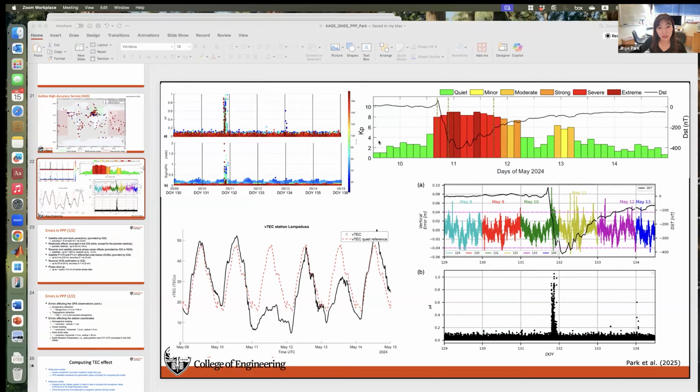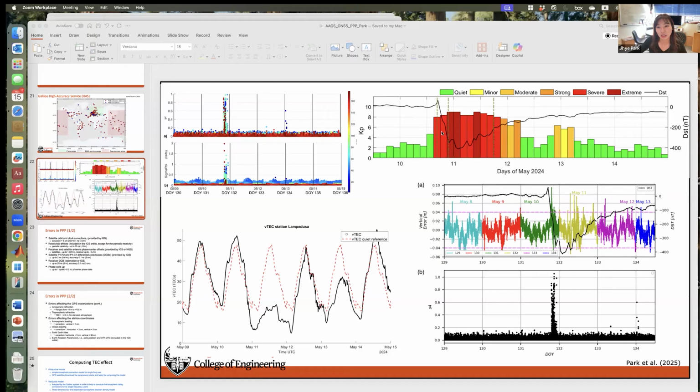This is the Kp index, the indicator of the magnetic storms during the 10th to 15th of May 2024. So there are significant storm events. It's a G5 level that's extreme, classified as extreme geomagnetic storms.